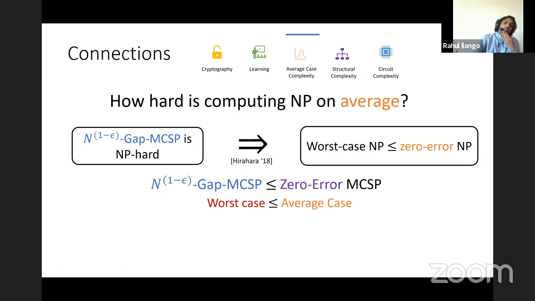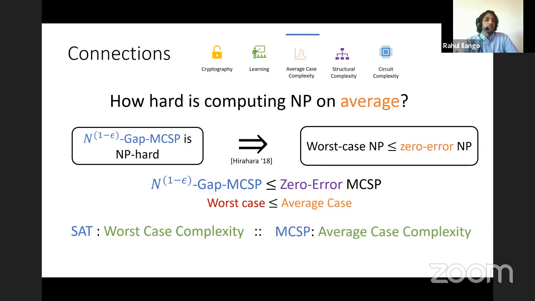And now, before I move on, I just want to take a step back here, because I've mentioned these relationships to cryptography. I've mentioned these connections to learning and the average case complexity of NP. And the feeling I get, and I think the feeling that people in this field get, is that maybe there's something going on here, because in the same way that SAT unified the picture of worst case complexity by connecting the difficulty of all these natural problems, maybe MCSP plays a similar role in average case complexity.